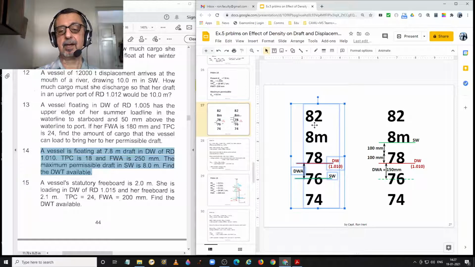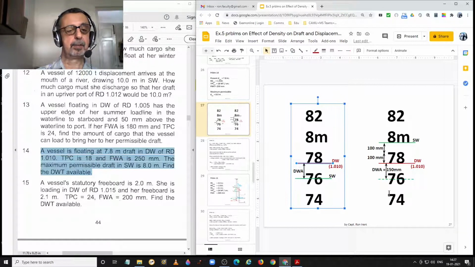we have the draft marks going from 7.4 meters to 8.2 meters. It is given to us that the ship is floating at a draft of 7.8 meters in dock water of 1.010.